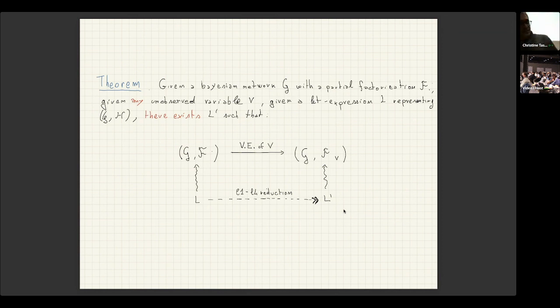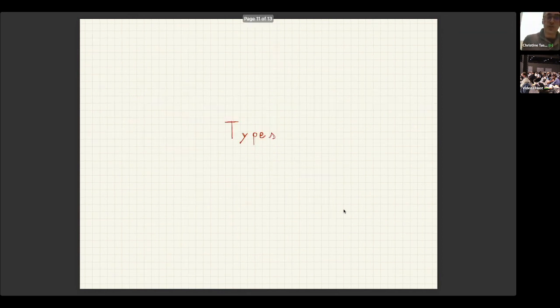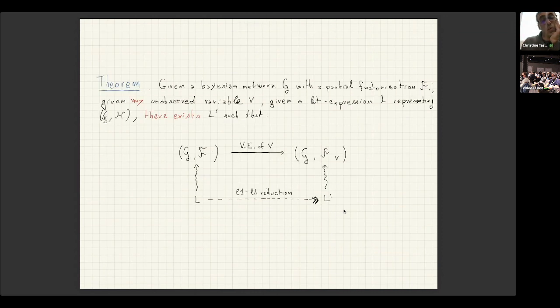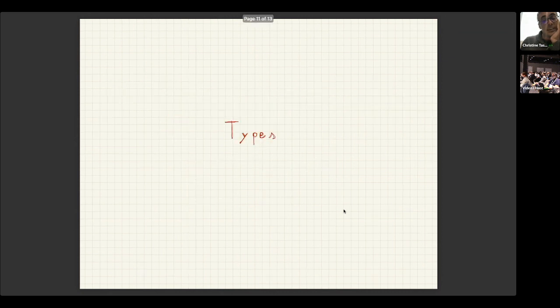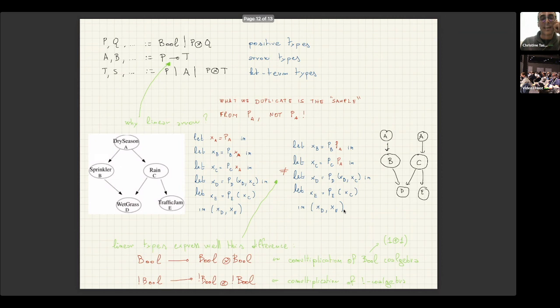Okay. Great. So a benefit of this work, what we learn from it, in my personal opinion, is the presence of types. So now these terms are completely well typed, and they are well typed by this system here, which is a linear system.